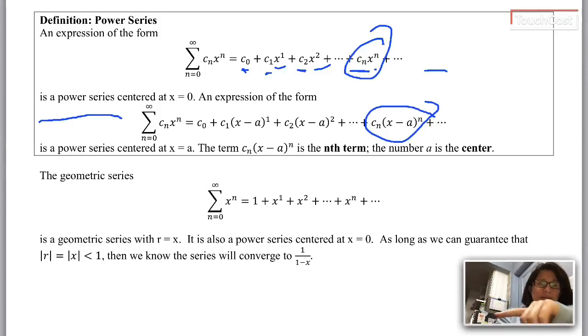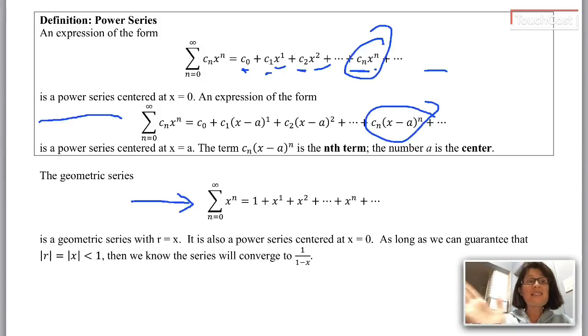So notice this. Here's the very most boring, plainest power series. All the coefficients are 1s. And so all I have is a bunch of 1s times the next power of x. So 1 plus 1x plus 1x squared plus 1x cubed, dot, dot, dot.